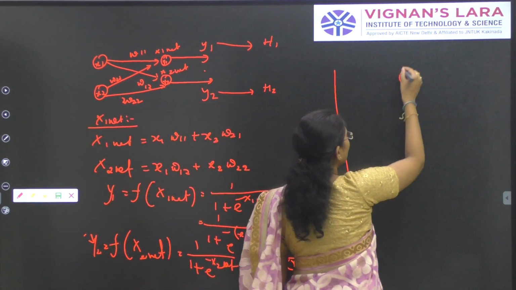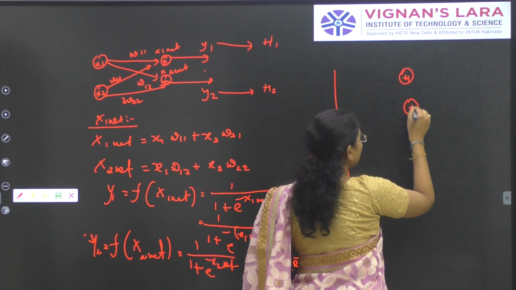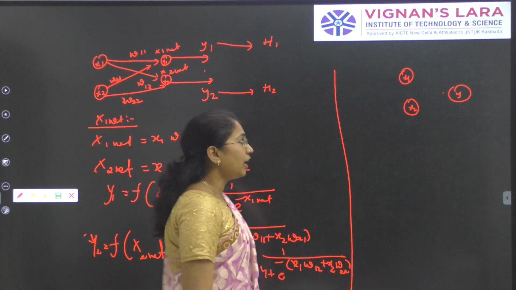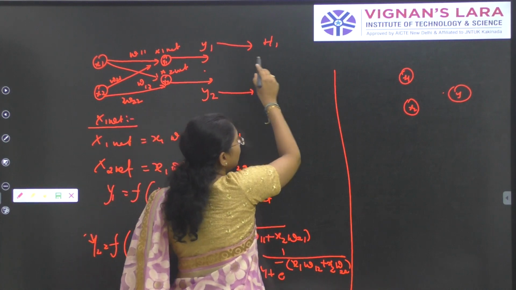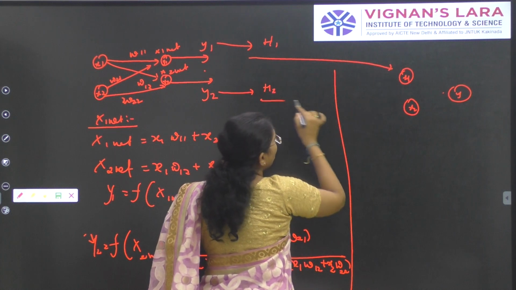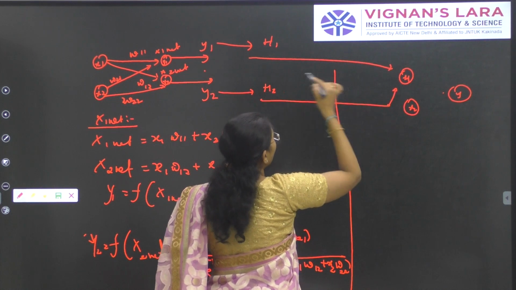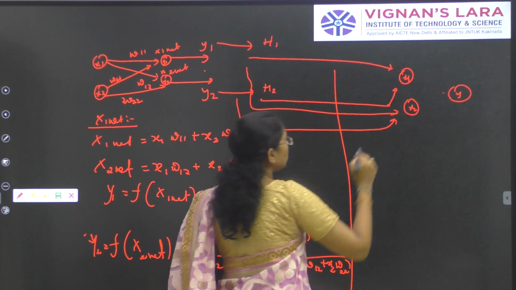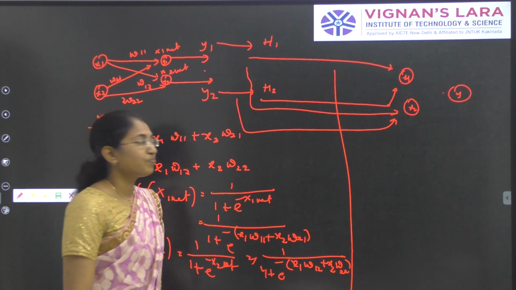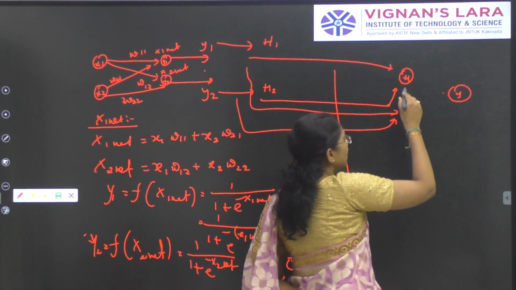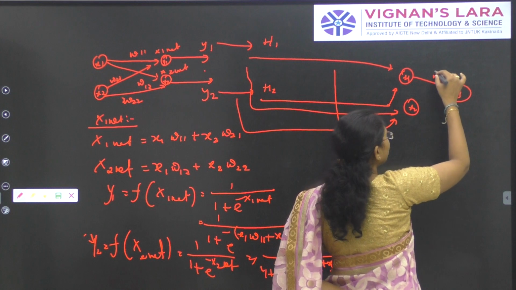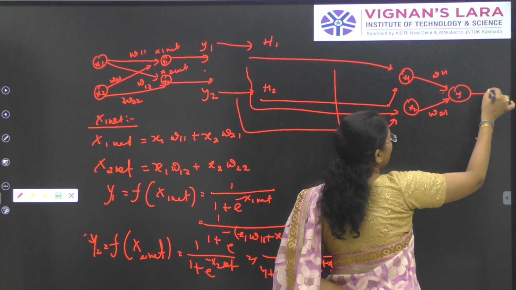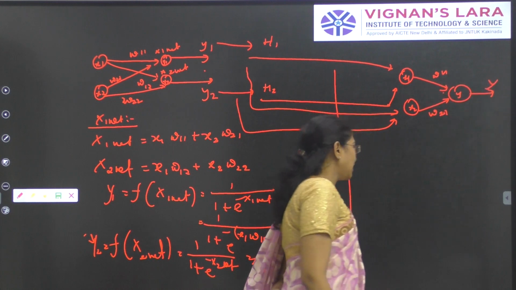Let that network be x1, x2 having an output of y. You need to recall y1 as one of the inputs and y2 as one of the inputs. The same way for x2 also you need to recall both the outputs. And x1 is passed through a weight of w11, x2 is passed through a weight of w21, and y is the output of the neural network.